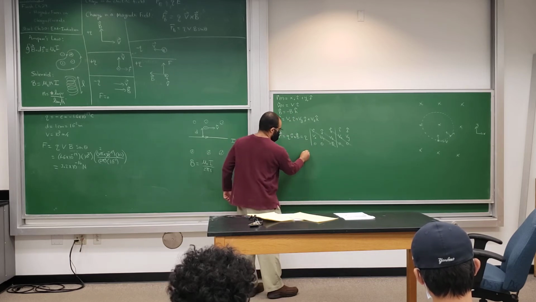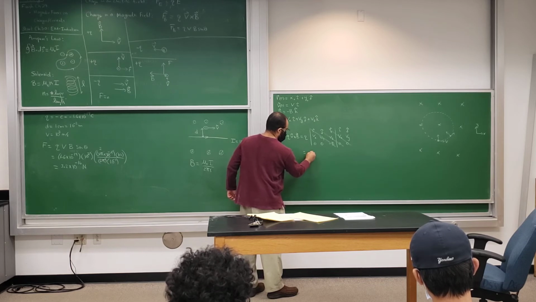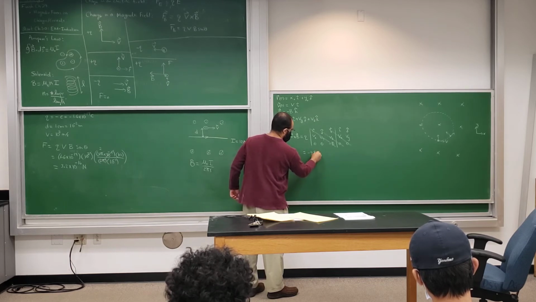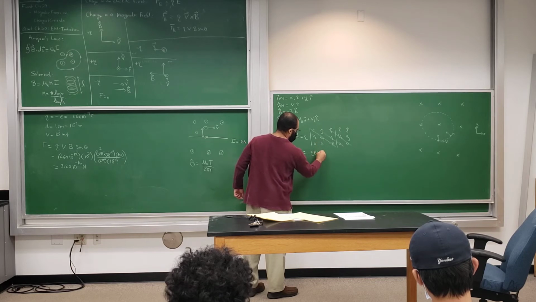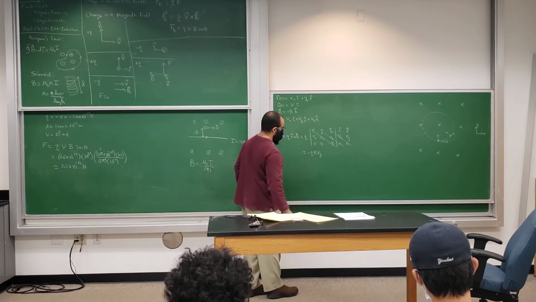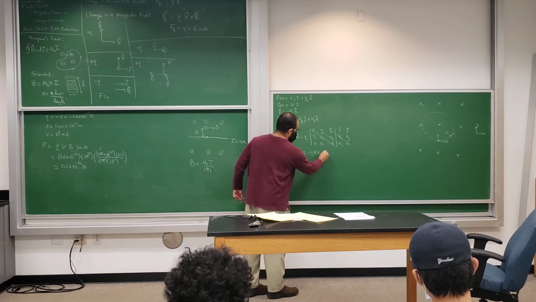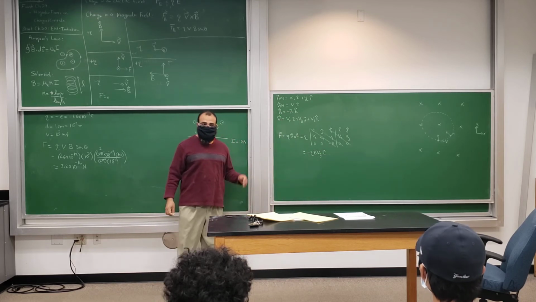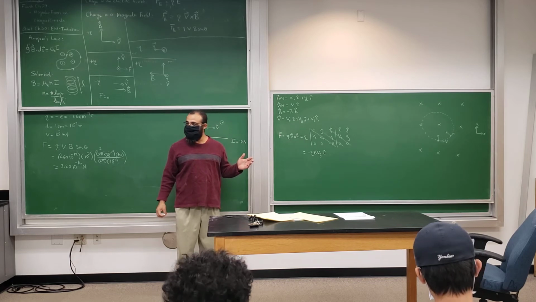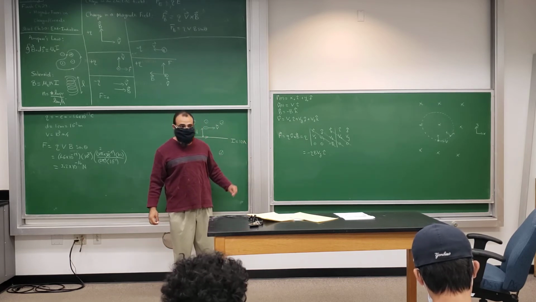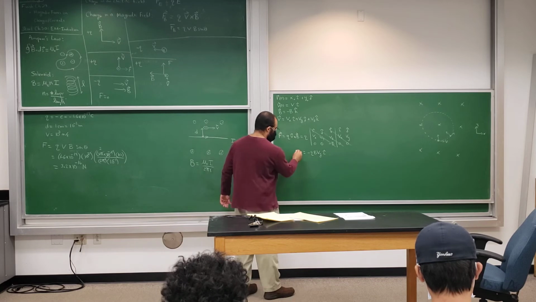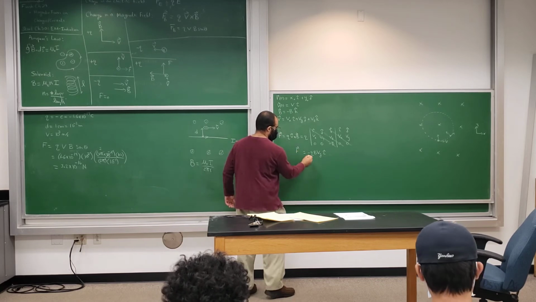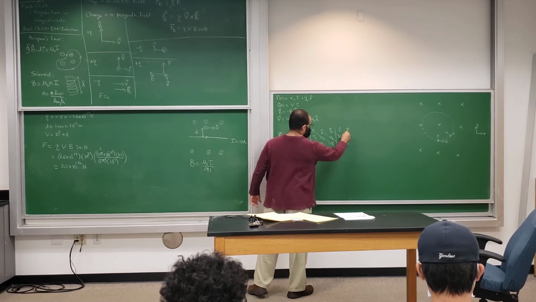So you get minus q B Vy i hat. Is everybody fine with the cross product that I'm doing? All right. So I'm just doing a cross product. Okay. So that's the force. And then we have to do this with the other side.